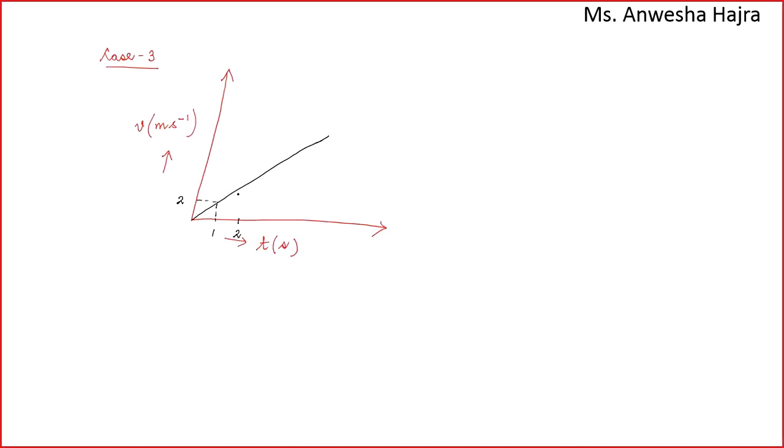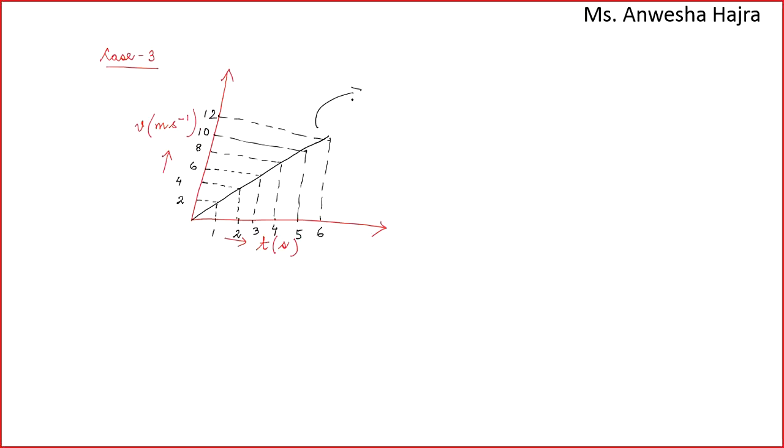For 2 seconds, my velocity is 4. 3 seconds, velocity is 6. 4 seconds, say velocity is 8. 5 seconds, velocity is 10. And say 6 seconds, velocity is 12.